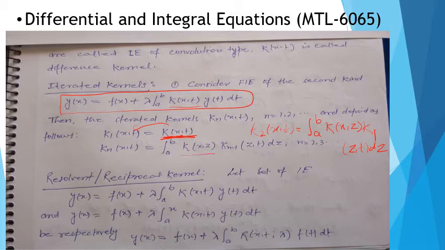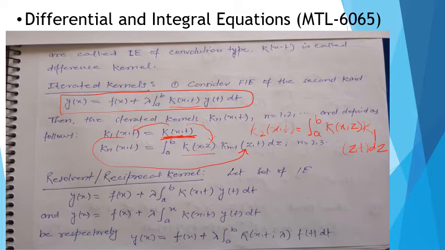This is for n equal to 2. We are evaluating K2(x,t), so we replace n by 2 in K1(z,t).